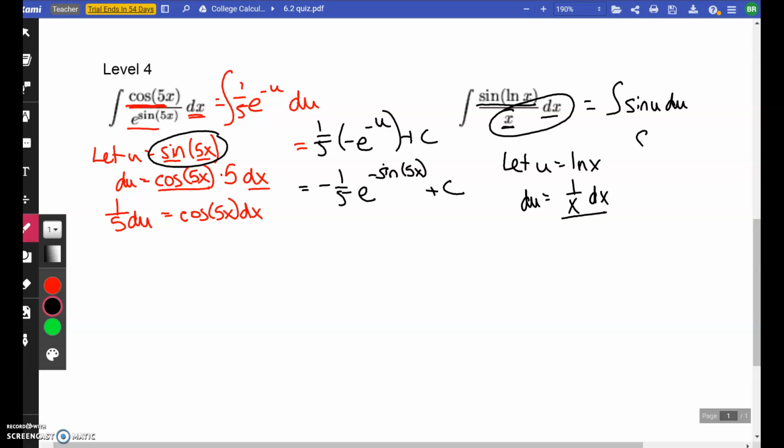We've got the integral of sine, and an antiderivative of sine is negative cosine. I need a plus c because it's an indefinite integral, it doesn't have limits, so we've got negative cosine of ln x plus c.